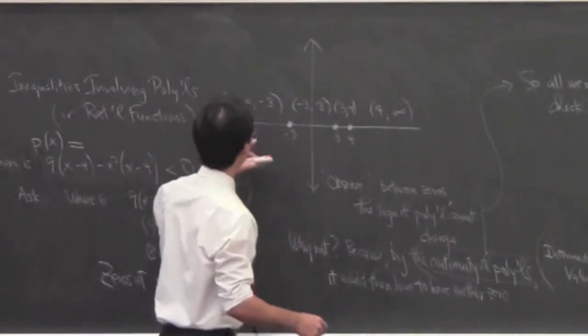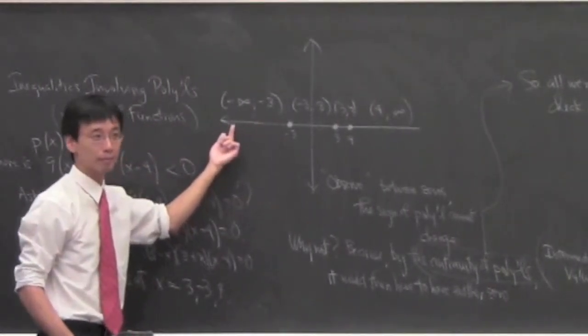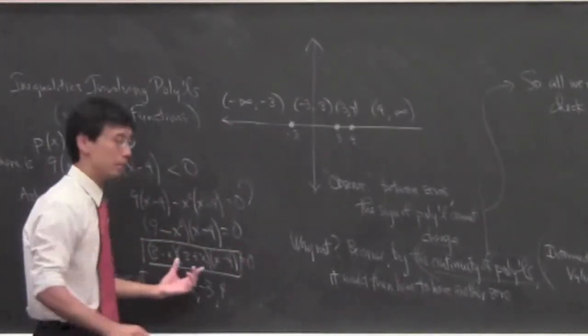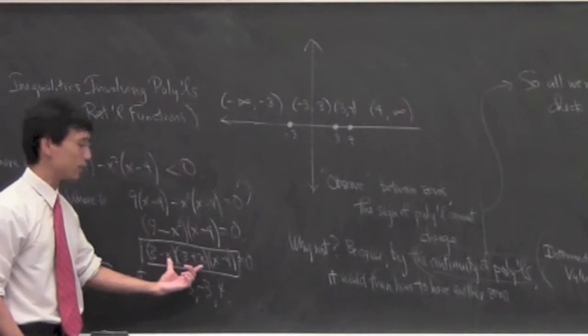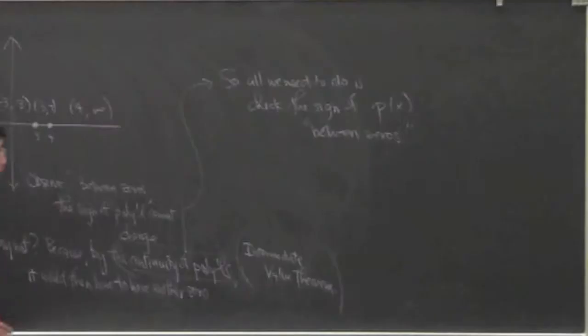So, right? Let's take like negative a million, say. We look at this thing and ask, is it positive or negative? Where x is equal to negative a million.